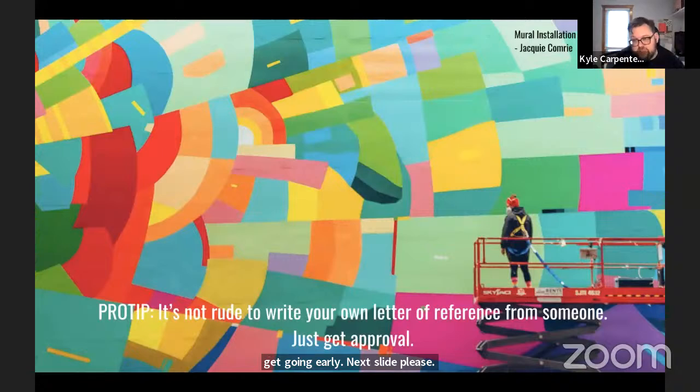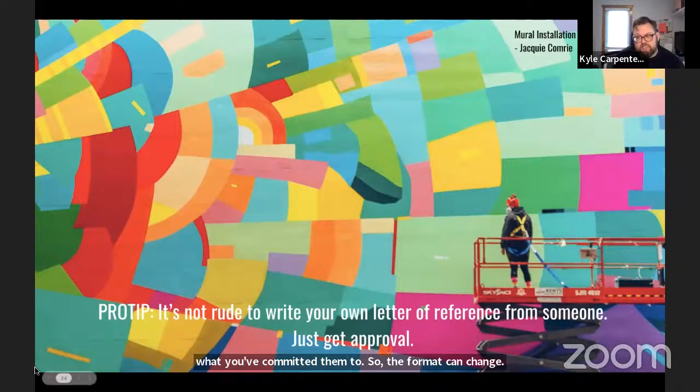Yeah, back to letters of support. They're a big part of this process. Sometimes they go by different names, like letters of commitment if you're working with someone. Sometimes they need you to demonstrate that that person knows what you've committed them to. So the format can change.